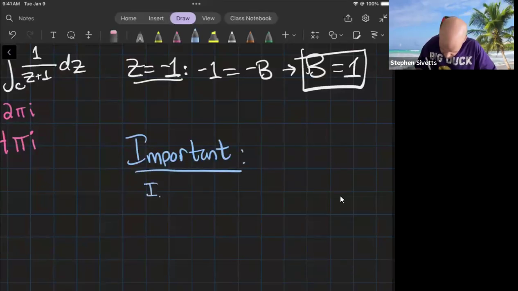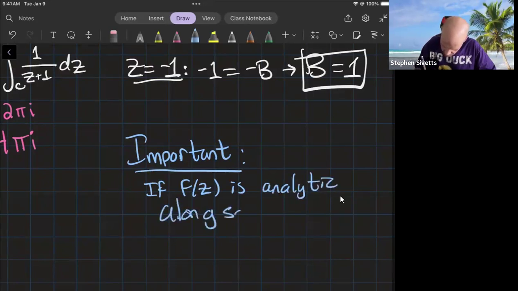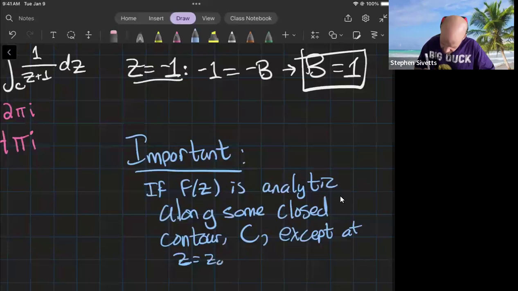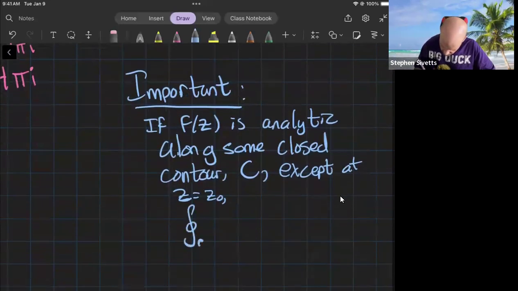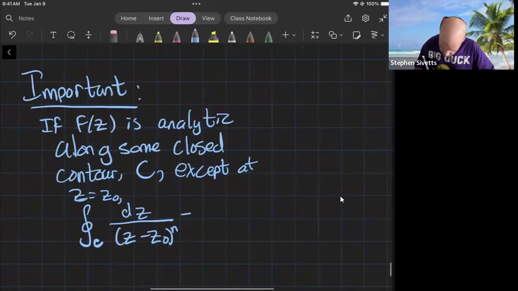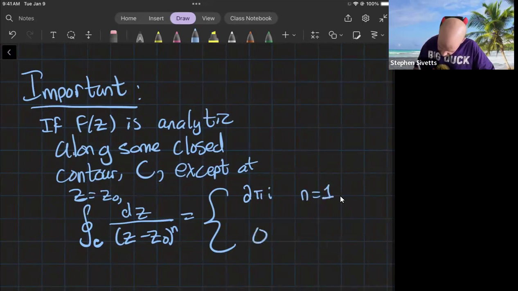If f of z is analytic along some closed contour C, except at z equals z0, the line integral over the closed curve C of dz divided by z minus z naught to the n would equal either 2 pi I if n equals 1, and 0 if n does not equal 1.